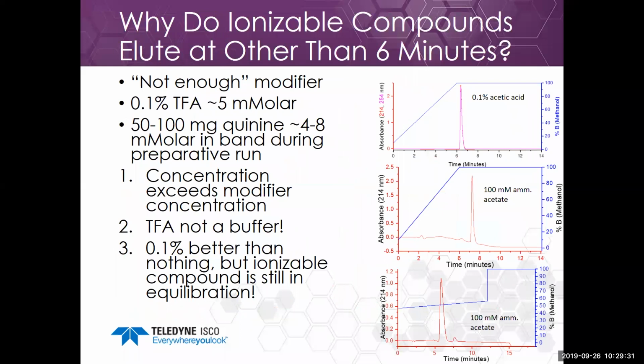So why do they elute at other than 6 minutes? It seems that there's, as you might say, not enough modifier. Very common is the use of 0.1% modifier. So that's 0.1% TFA, 0.1% formic acid, or 0.1% acetic acid.